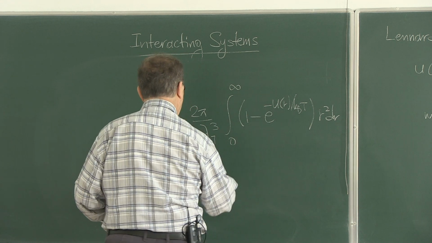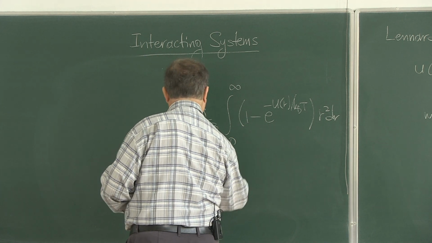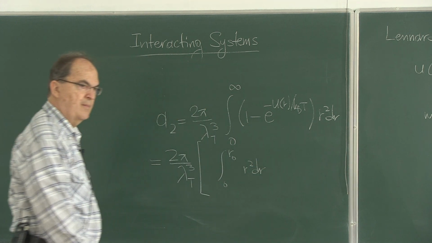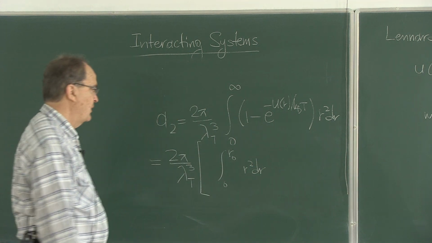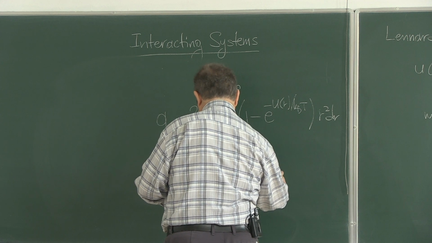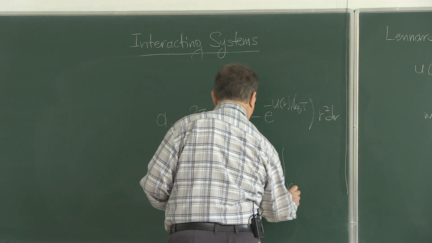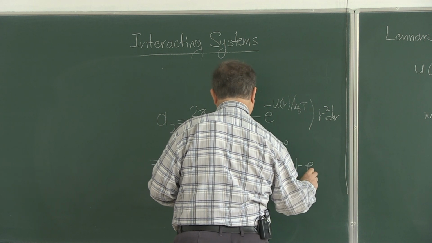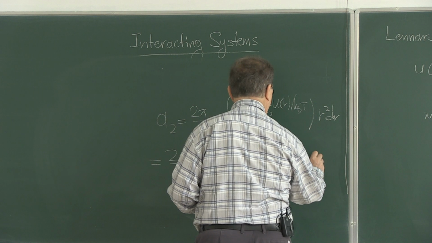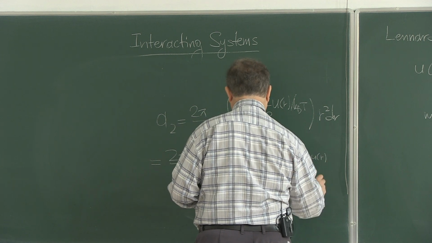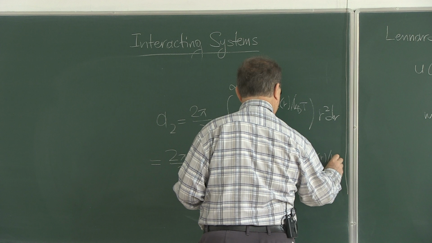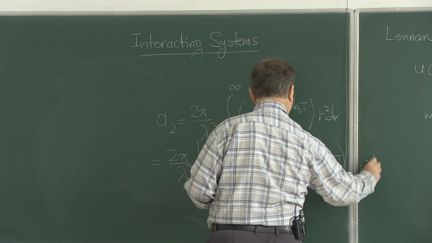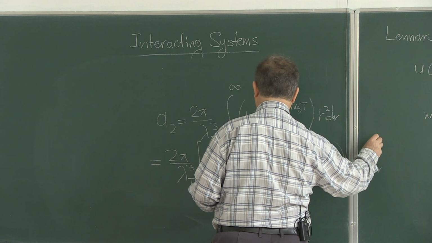So you end up with an integral like this. And the other part from r0 to infinity, it is 1 minus e to the, well, U(r) over kBT, r squared dr, isn't it?